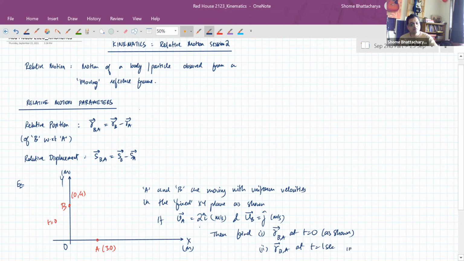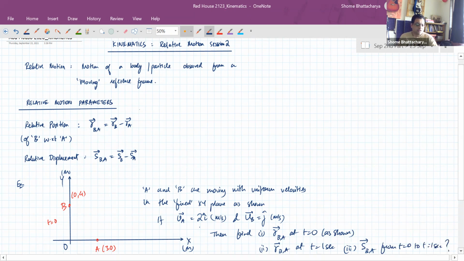And the displacement of B with respect to A from t equal to 0 to t equal to 1 second. So let's start with this question. It will give us a recap of the concepts that we've learned about relative displacement and relative position. Last time we saw some one-dimensional examples also. This is a nice two-dimensional example to understand this whole situation.